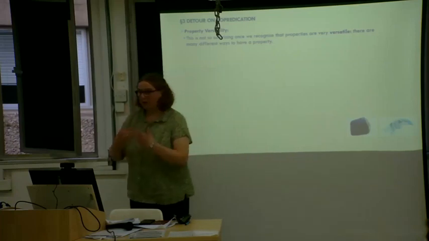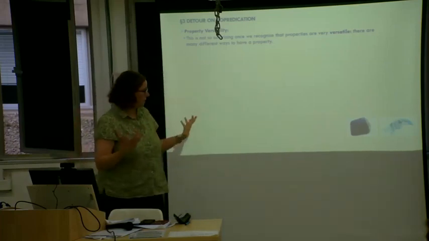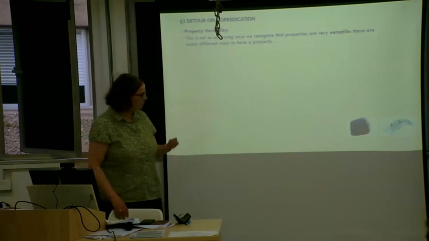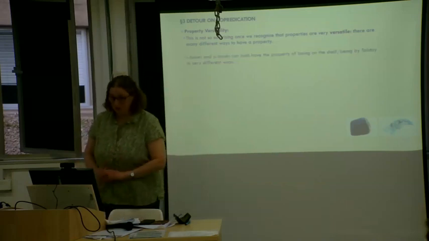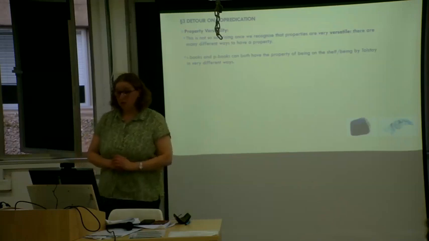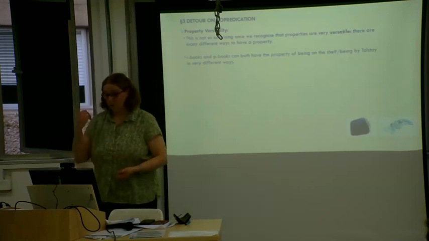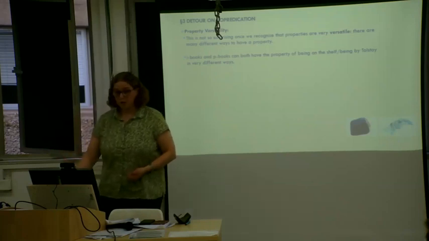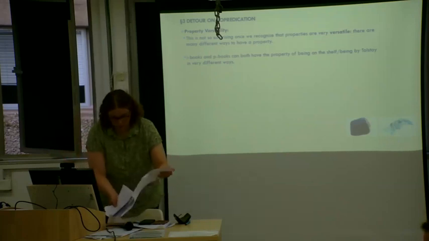They both share the very same property of being blue, but they have this property in very different ways, right? One of them is light blue and one of them is dark blue. Similarly, we argue informational books and physical books can have the very same property of being on the shelf or being by Tolstoy, even if they have it in very different ways.